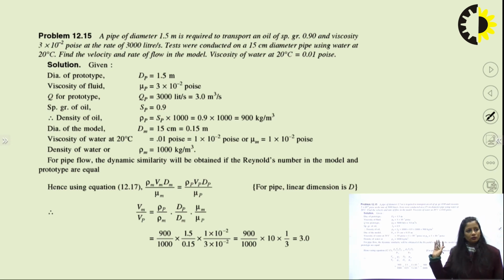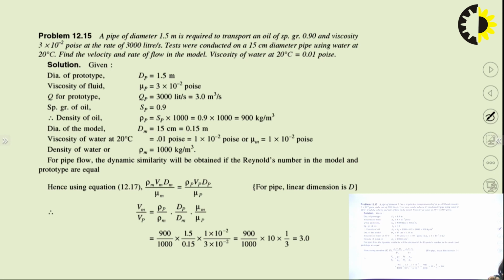See that question, problem 12.15. I have taken that particular question from your book, R.K. Bansal. What that question says: a pipe of diameter 1.5 meter is required to transfer an oil of specific gravity 0.90 and viscosity given in poise at a rate of 3000 liter per second. Tests were conducted on a 15 centimeter diameter pipe using water at 20 degrees centigrade.